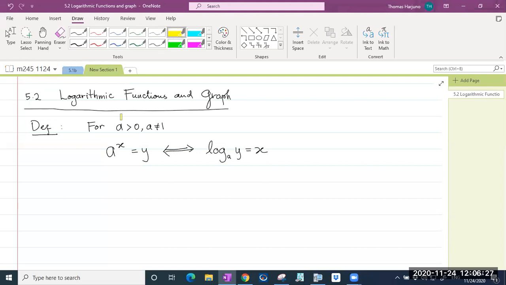Now, pay attention to the position. I hope this coloring helps. We usually say this is the exponential form, and this is the logarithmic form.